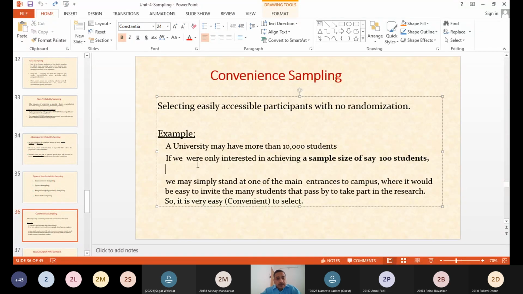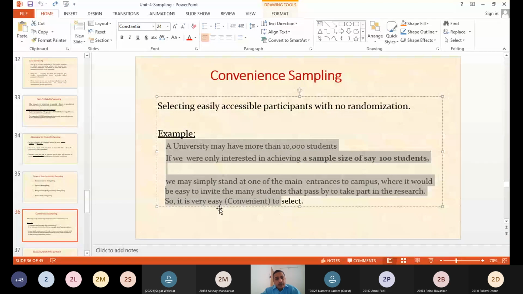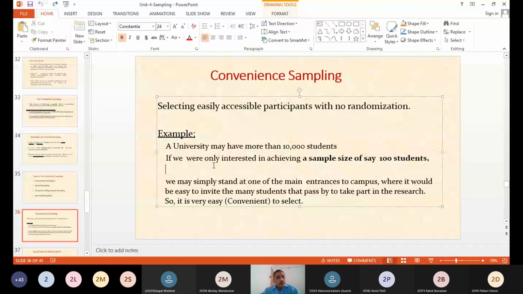An example you can take is something we discussed some time back: there may be n number of students of a university. The university may have more than 10,000 students. The exact number may not be available or may be difficult to calculate.